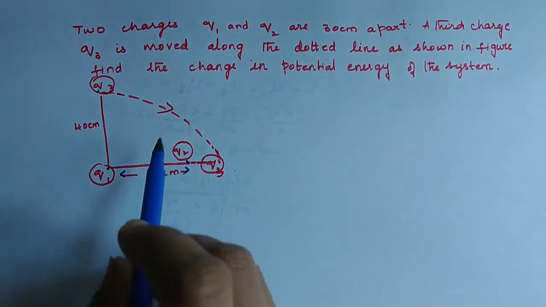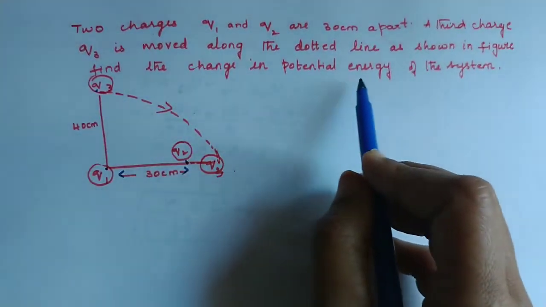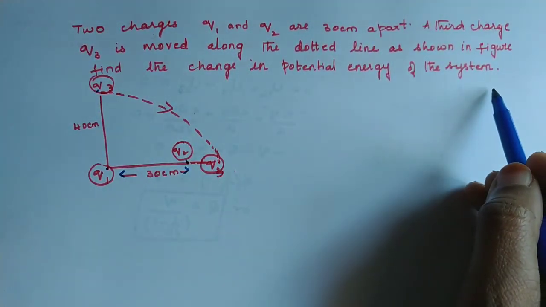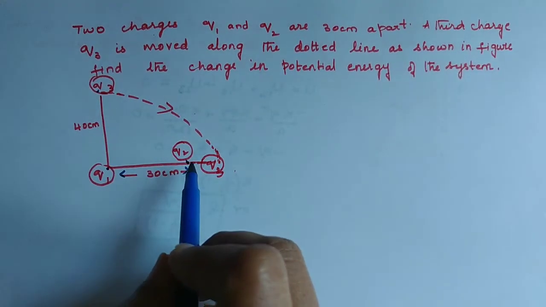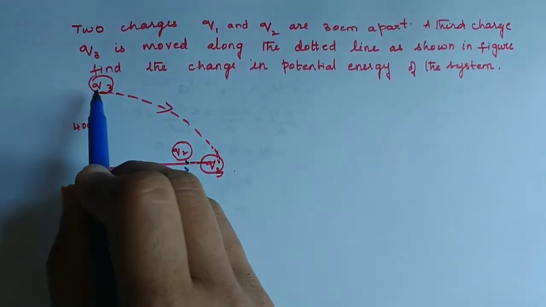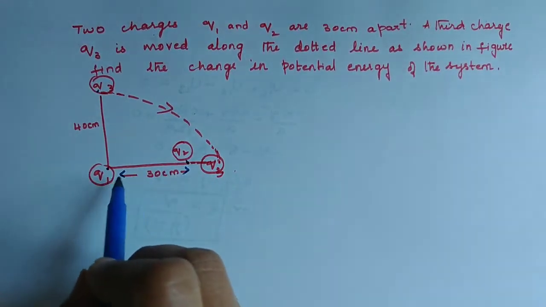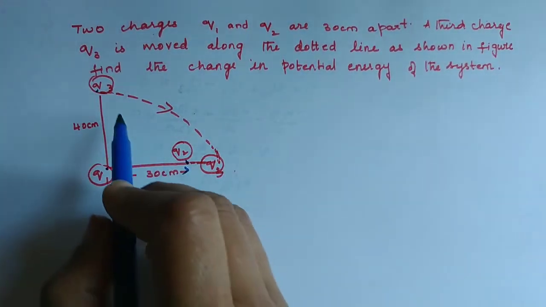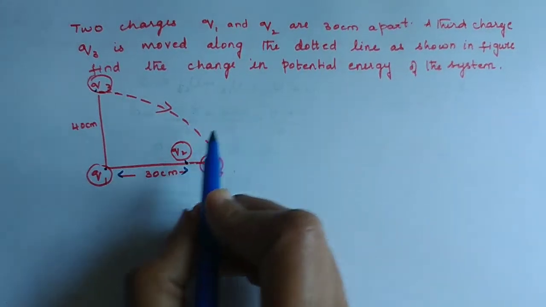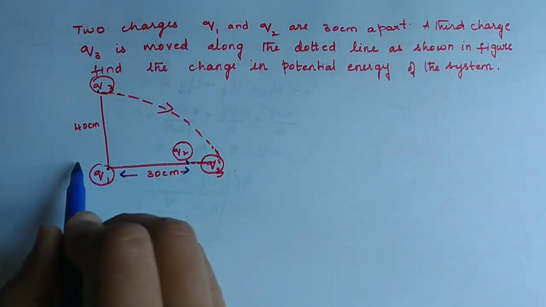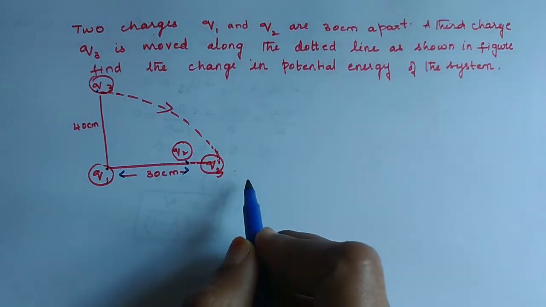And for this arrangement, they are asking you to find out the change in potential energy of the system. And we know that for all conservative forces, the change in potential energy depends on initial and final positions, but not on the path followed. Whatever path you follow, we will only consider initial and final potential energies of the system.